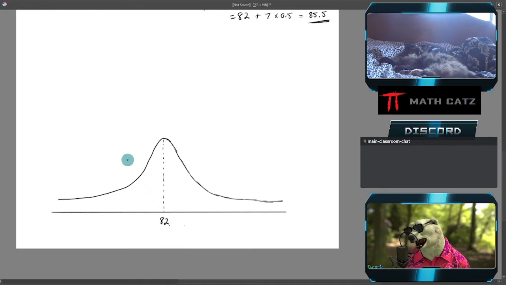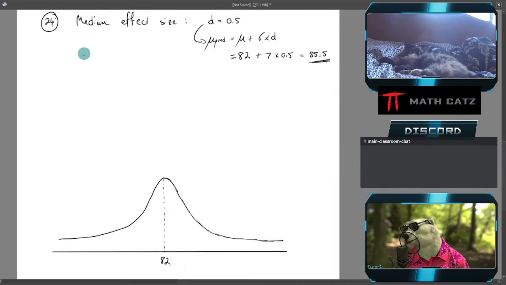Remember, the distribution of means is what we're using because we have a sample larger than 1.